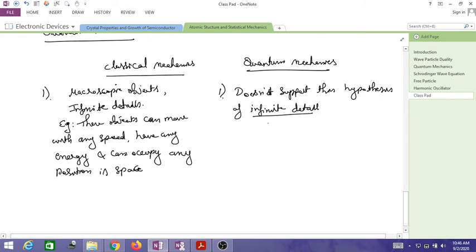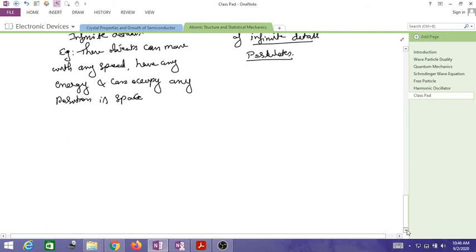Quantum mechanics follows certain postulates. So this is the first difference between classical mechanics and quantum mechanics.